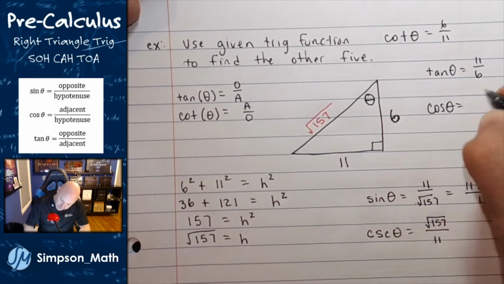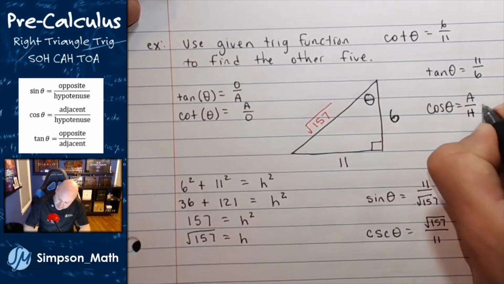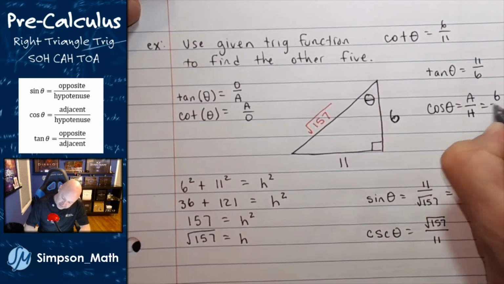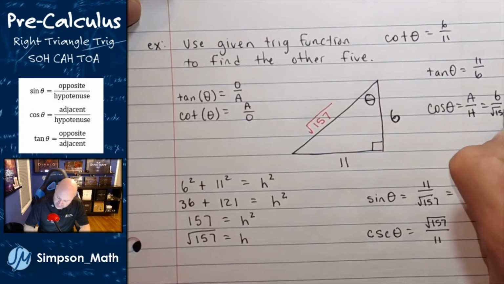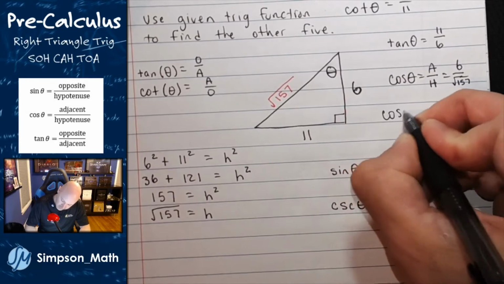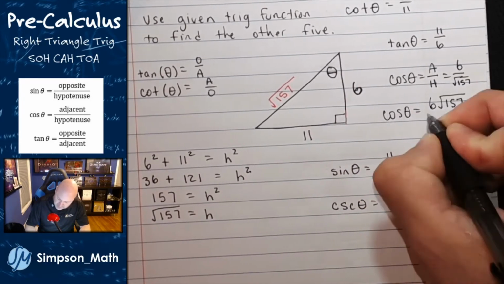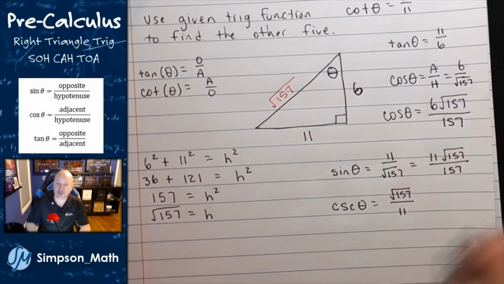Cosine is adjacent over hypotenuse. So we're talking 6 over the square root of 157, which needs to be cleaned up. 6 roots of 157 over 157.